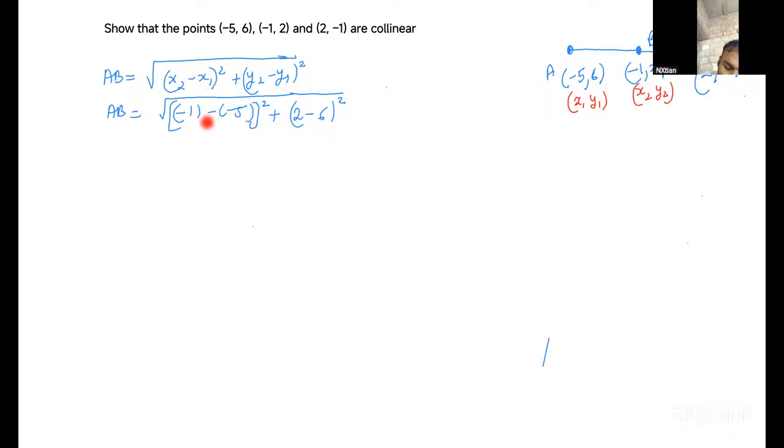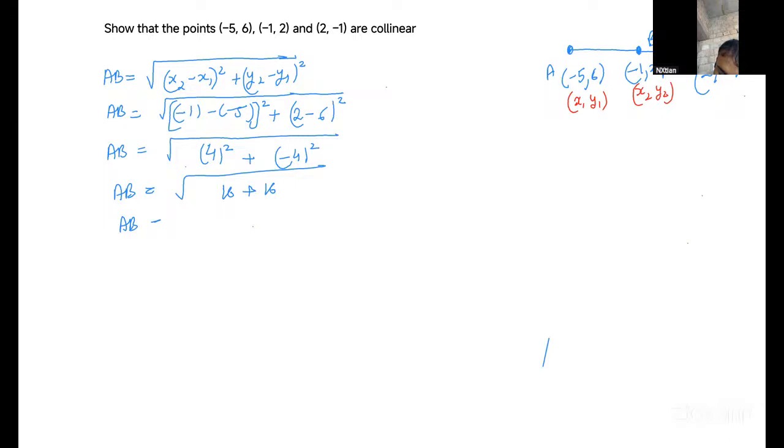So how will it become? Minus and minus become plus, and -1 becomes plus 4. So 4 square plus (-4) square. AB is equal to root of 16 plus 16, so AB is root 32.